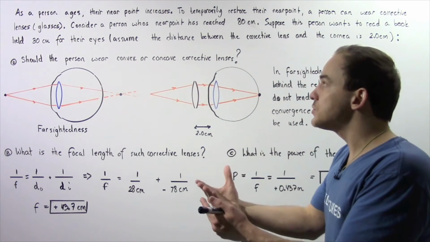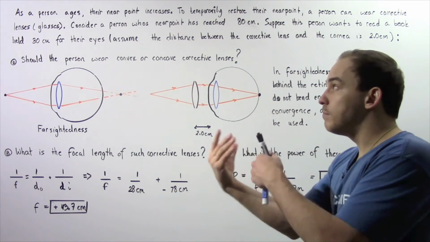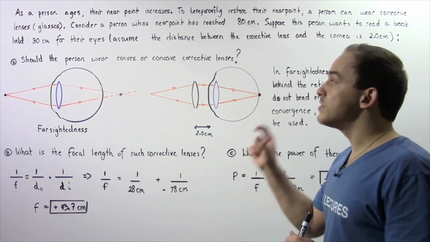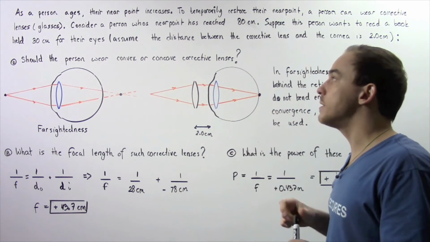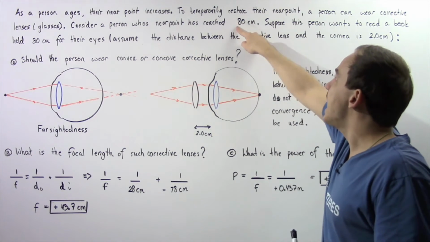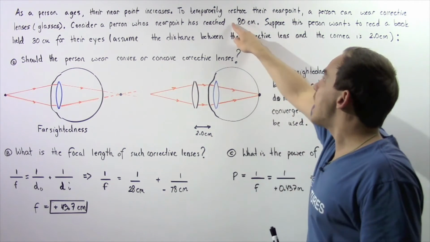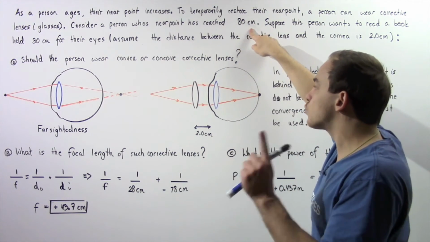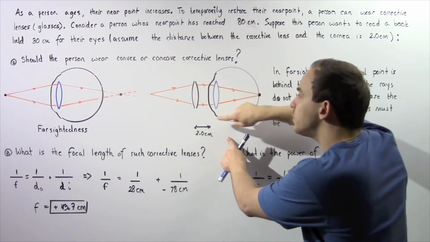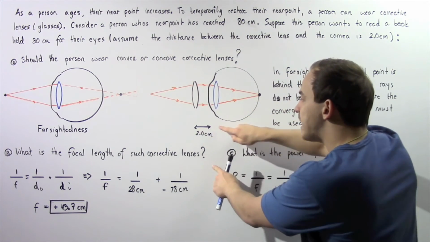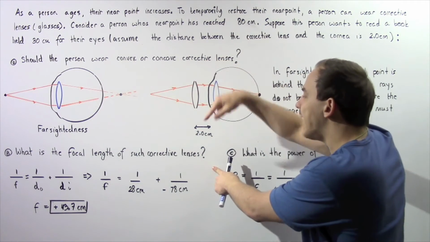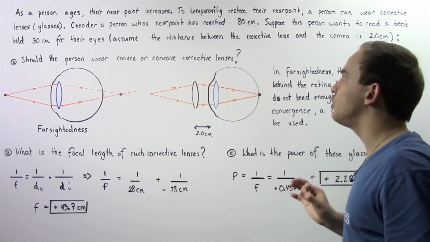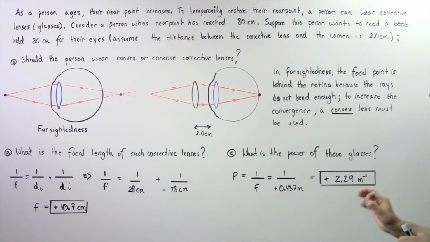Now, what about our image distance? Well, if the person is to see that book, that means that the image should be formed at the near point of the person, which is given to be 80 centimeters. Now, 80 centimeters is relative to the cornea of the eye. Once again, we have this distance of 2 centimeters. So 80 minus 2 gives us a value of 78 centimeters.